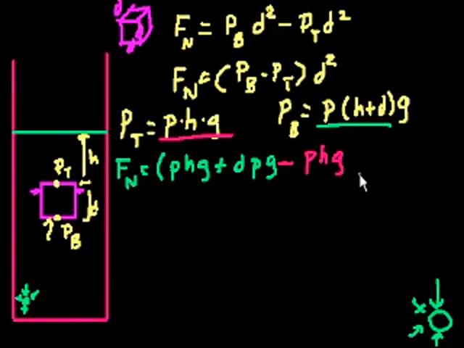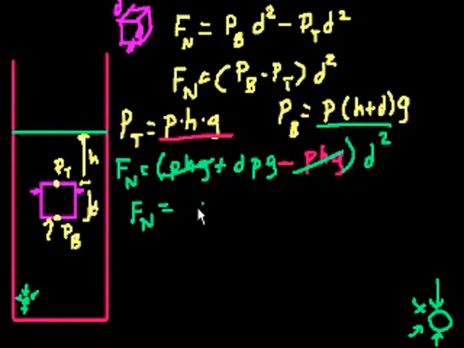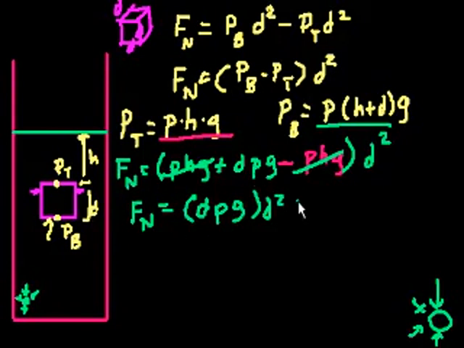And then we learned it's all of that times d squared. Right? So immediately we see something cancels out. Rho h g, subtract, cancels out. So we're just left with what's the net force? The net force is equal to d rho g times d squared, or that equals d cubed times the density of the liquid times gravity.